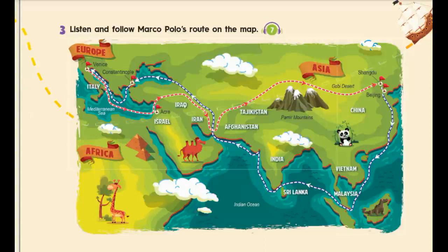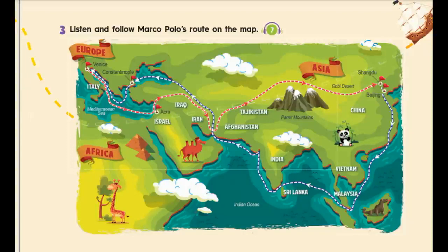When Marco Polo was 17 years old, he traveled with his father and uncle to the Far East on a journey that took 24 years. They left Venice in 1271 and sailed through the Mediterranean Sea to Acre, a coastal city in the region known today as Israel. Then they began their journey overland. They traveled through areas today known as Iraq, Iran, Afghanistan, and over the Pamir Mountains of Tajikistan. After that, they crossed the dangerous Gobi Desert, which took over 30 days. Finally, the Polos reached Chengdu and Beijing, cities in China.